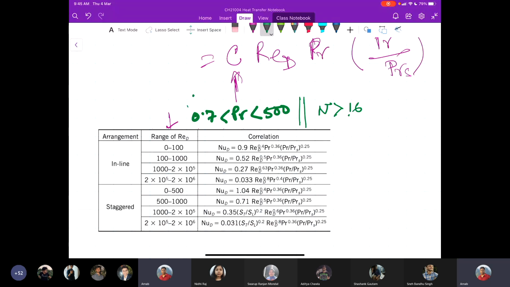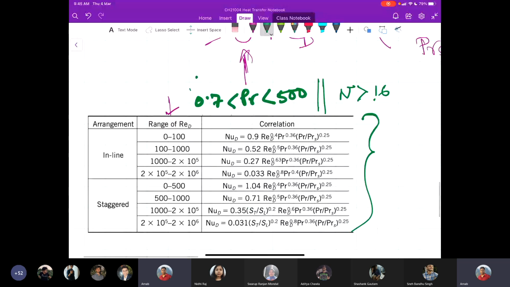These are all again empirical relations, because an analytical solution of such a problem is not trivial, it's difficult. So we depend on the proposed or given correlations for this operating range.